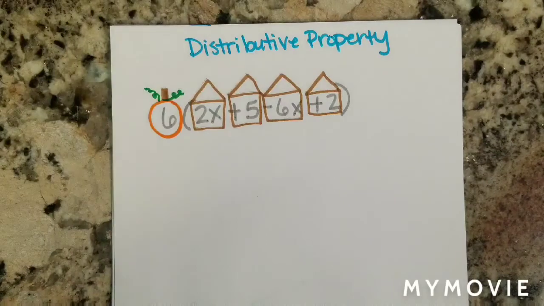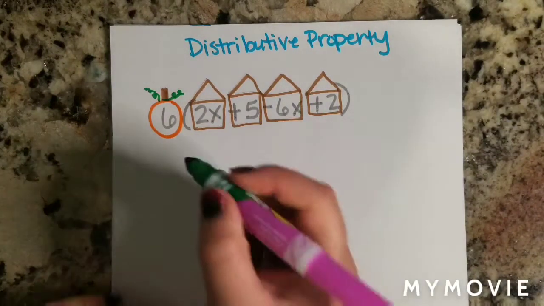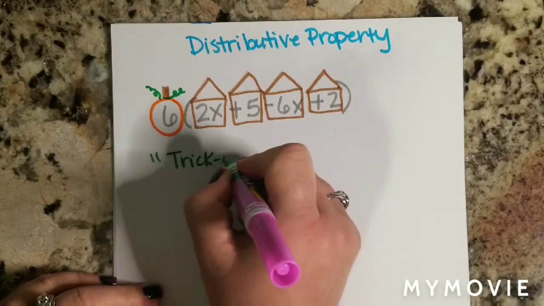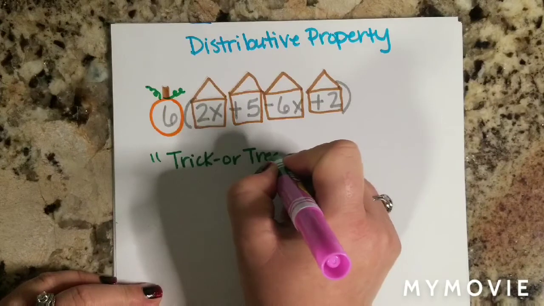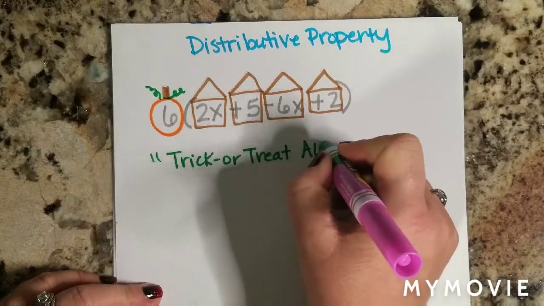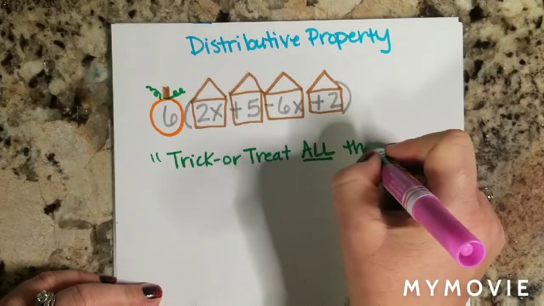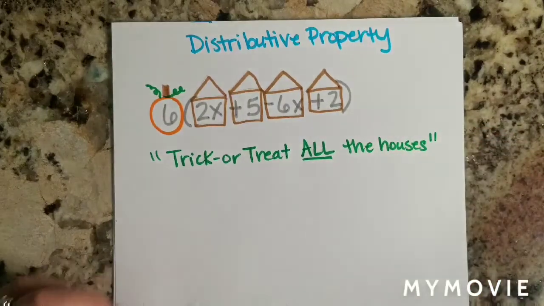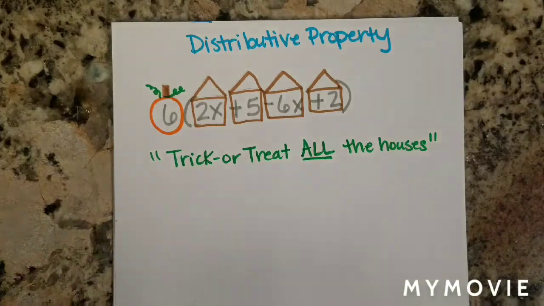So the way I like to have my children remember the distributive property is trick or treat all the houses. And that's just my little quirky way to help you remember it. We're going to trick or treat all the houses.